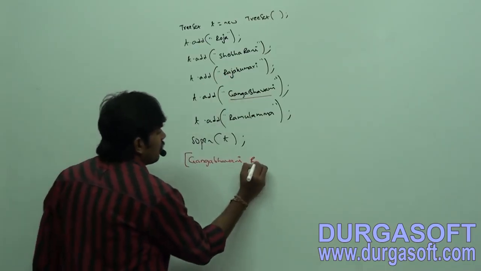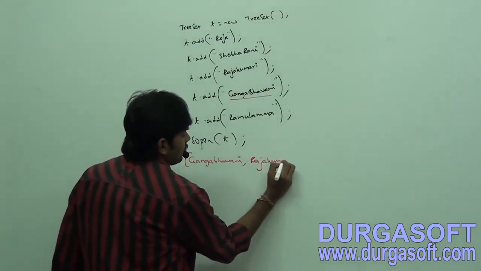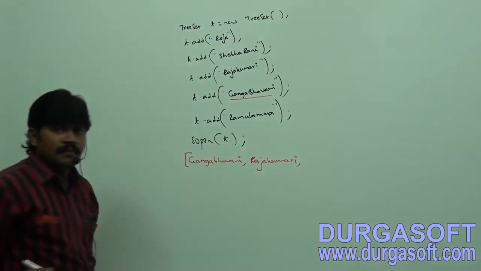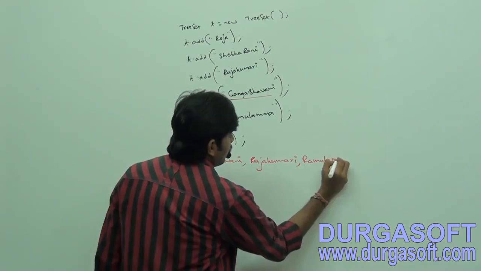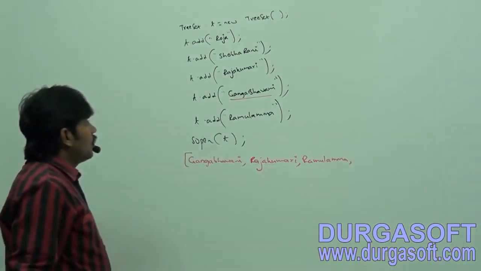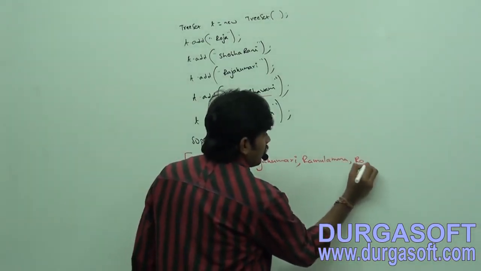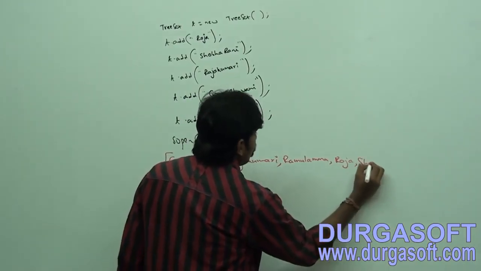Then automatically Rajakumari comes first. Next one, Ramulamma. Next one, Roja. Next one, Shobha Rani.